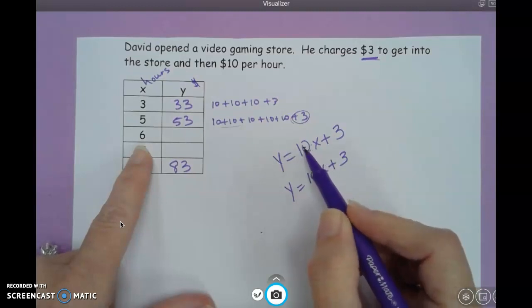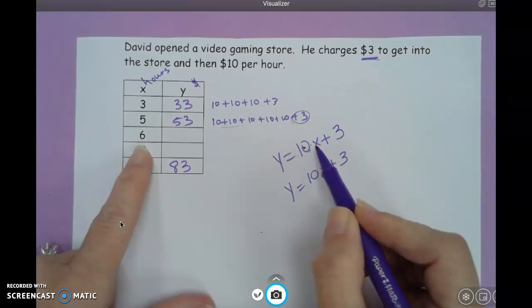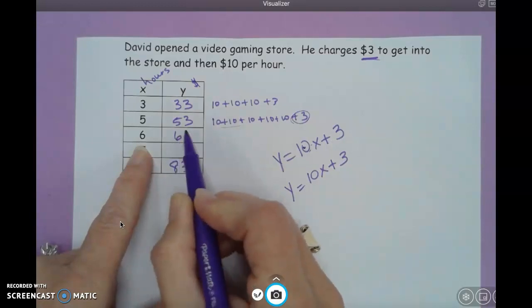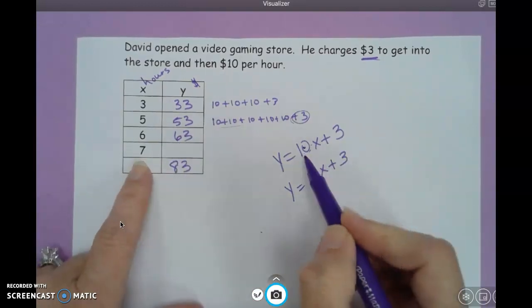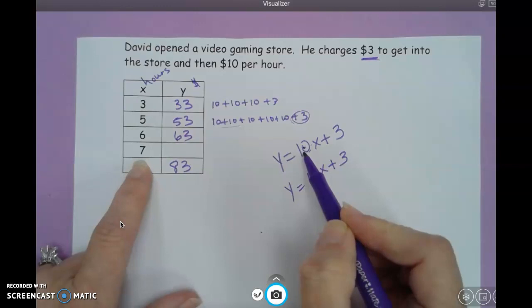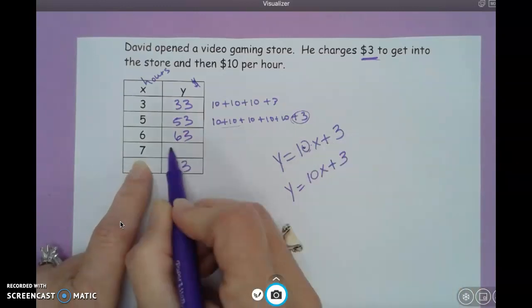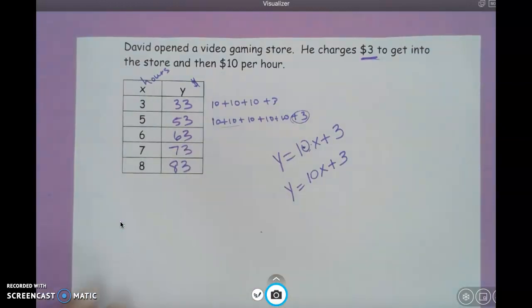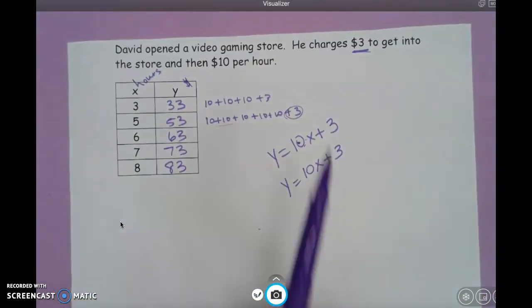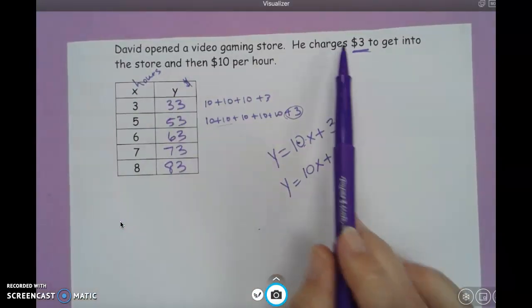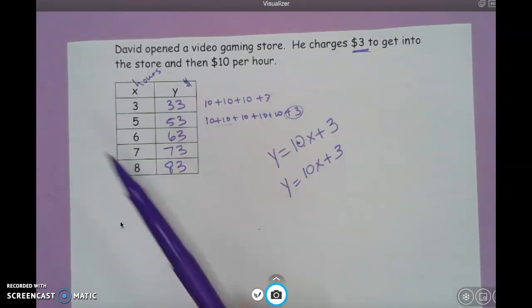So 6 times 10 is 60, plus 3 is 63. And then 10 times 7 for 7 hours is going to be 70, plus 3 is 73. So you've got a storyline, we're going to make an equation, and we're going to fill out some tables.